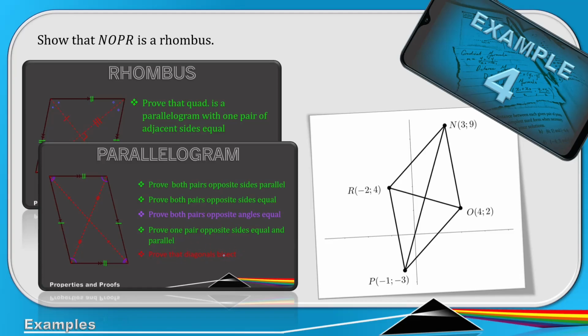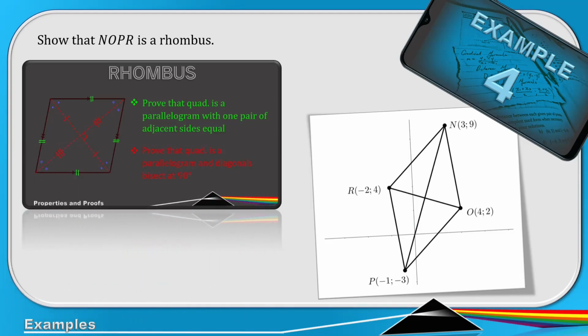We can first prove that they bisect by basically finding the midpoints, and then going back to the rhombus and just ending up by proving that it is at 90 degrees. So I'm going to do that method.